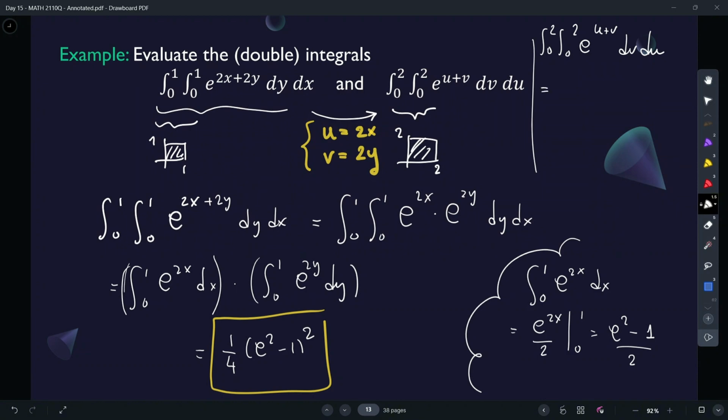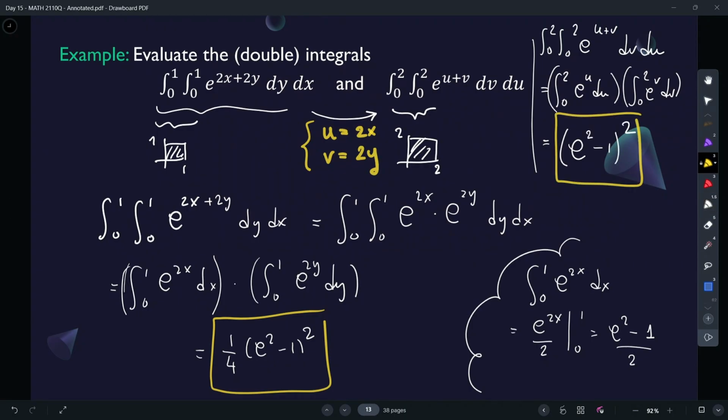That is going to be, again, I can split it up, the integral from 0 to 2 of e^u du times itself with a new name. And the integral of e^u is e^u evaluated at 2 minus 1. This answer is (e squared minus 1) squared.